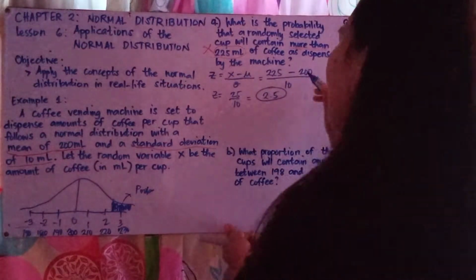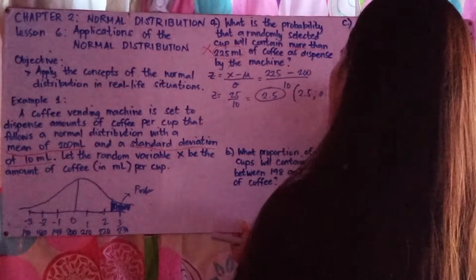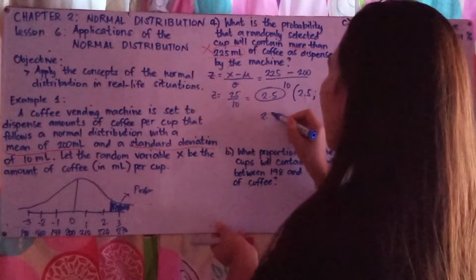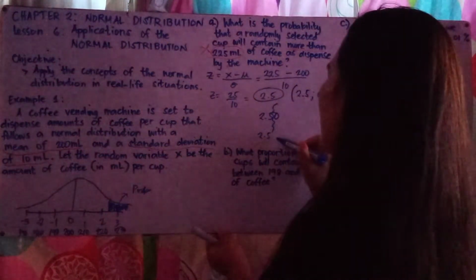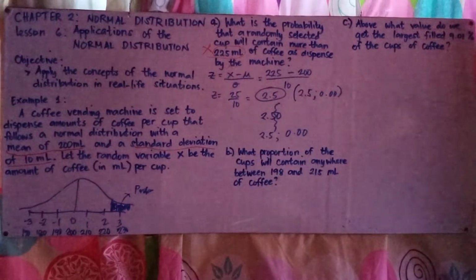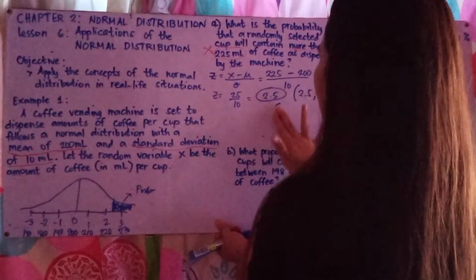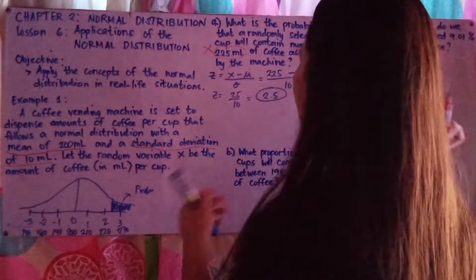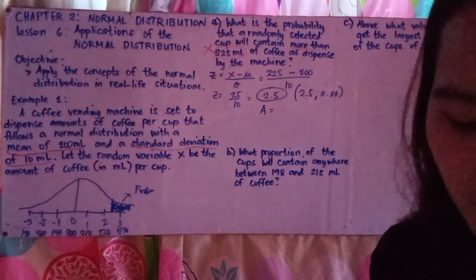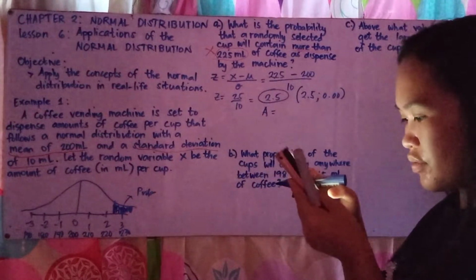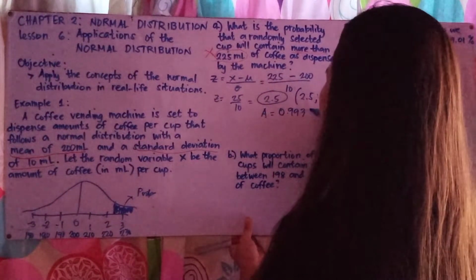Since z equals 2.5, we find it in the table at row 2.5 and column 0.00, because 2.5 is the same as 2.50. Then we look for the area. The area for 2.5 and 0.00 is 0.9938.